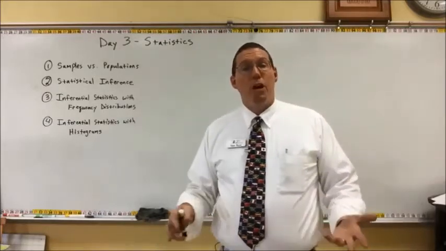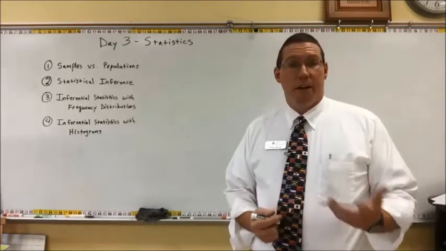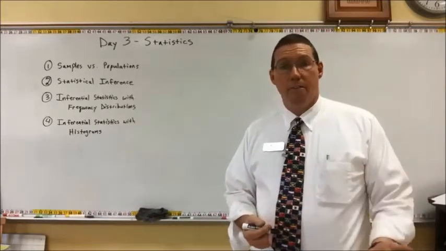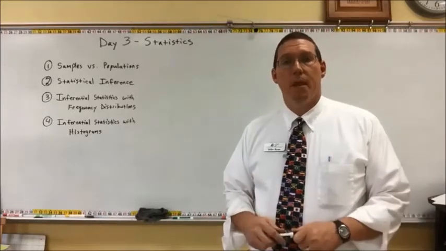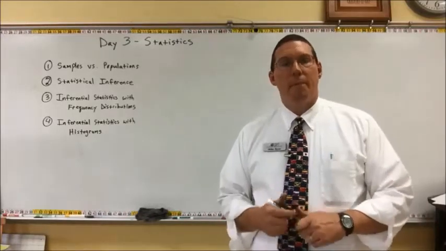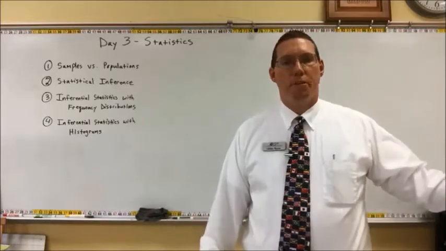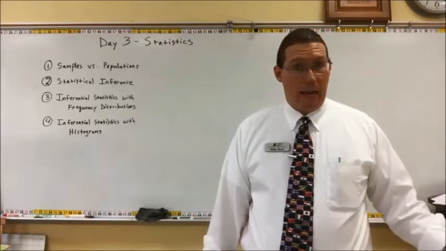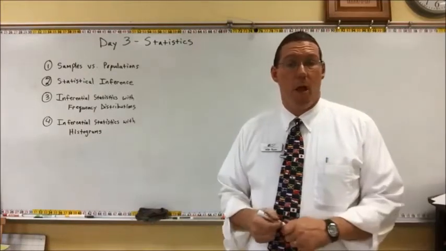However, it's pretty much impossible to measure all 300 million people. It would take a very long time. It would cost a lot of money to pay people to do this. And even if you had a lot of volunteers to do it, they might not find everybody. And on top of that, by the time you were done measuring everybody, chances are some of the people that you measured at the beginning might have died. And then also there would be new people born because it would take so long.